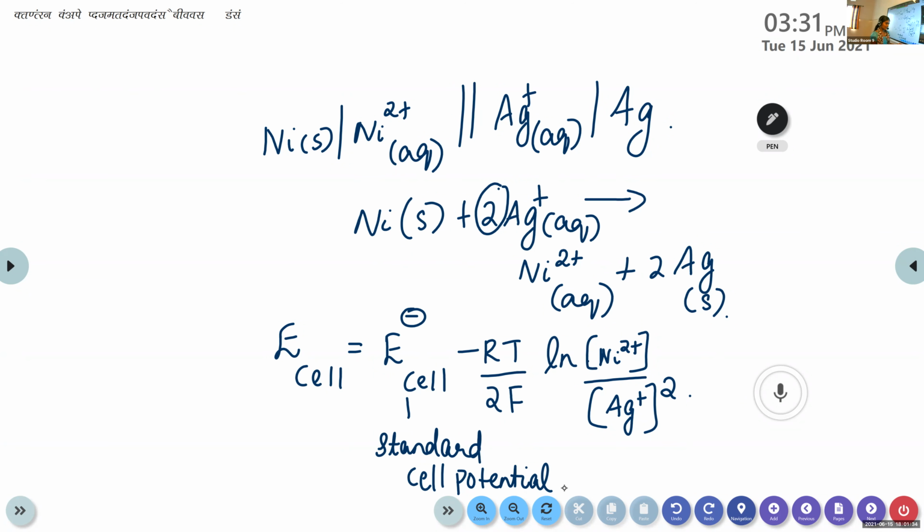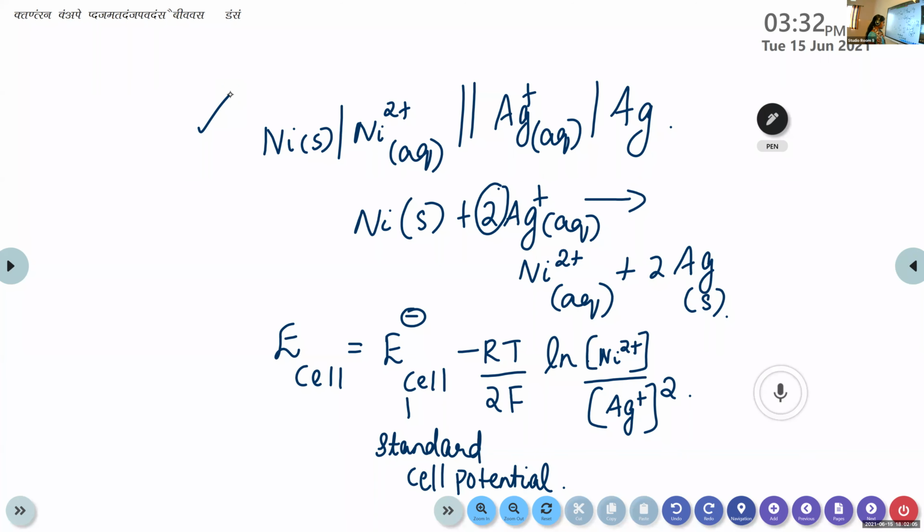In the case of Daniell cell, zinc is the anode and copper is the cathode, and we write the equation, right? Similarly, from this representation, we can find out nickel is the anode and Ag is the cathode. So we only need to write the concentration terms, nickel in the numerator and silver in the denominator, and write 2 instead of n because 2 electrons are there.